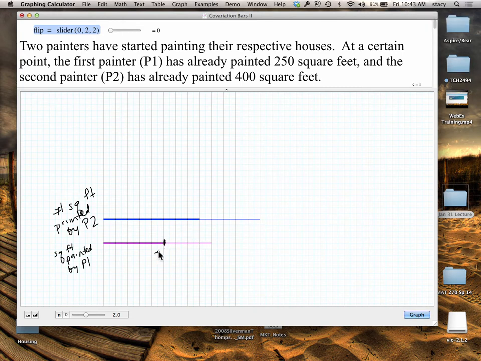This guy had painted 250, right? Or at the beginning, when lunch started, 250 square feet had been painted. And then I said that after lunch, he came back and painted another 200 square feet, right? So this amount right here is 200 square feet, which makes this end value 450, right? Okay.